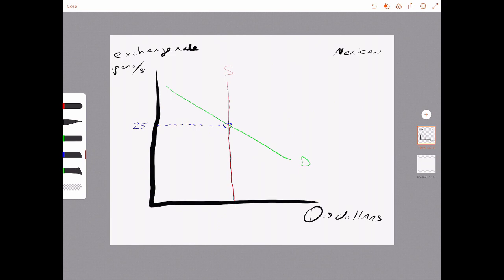Now, what shifts the curves? Well, primarily what shifts the curves are changes in the demand for the goods or services that people are wanting to buy.